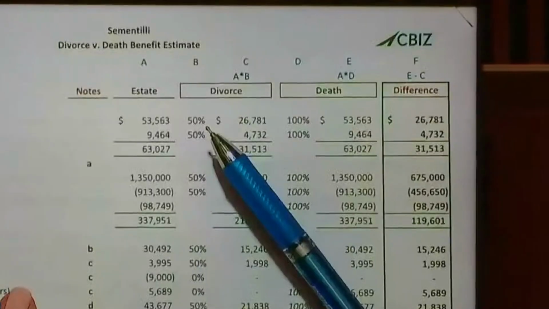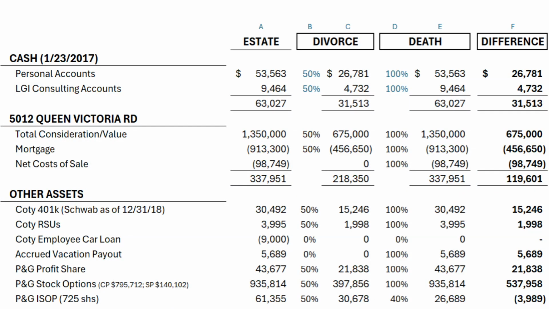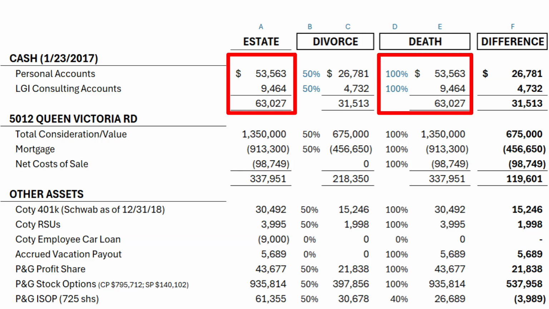So, for instance, how would that work out in divorce versus death? So we can see how this chart works. In column B and C, you can see that B is 50% and C is 50% of the amounts in column A. Right. And then in column D, you see 100% of the amount in column A. Because in a divorce situation, it's divided by 2 in California from a community property standpoint.